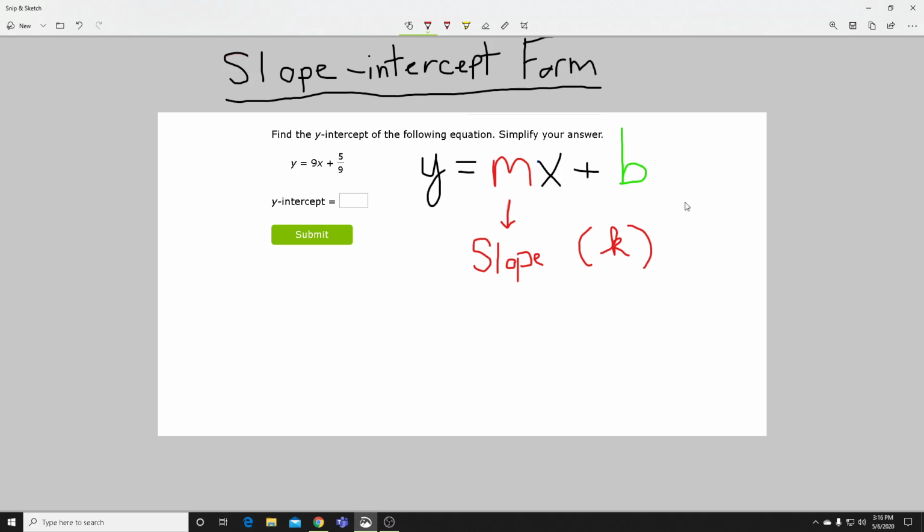That was also our unit rate, so that's our slope. Let me write that over here. So this is kind of like our "k." I'm going to put quotes there because it is a little different, but that's how you can think about it. So our slope is like that k we've worked with.